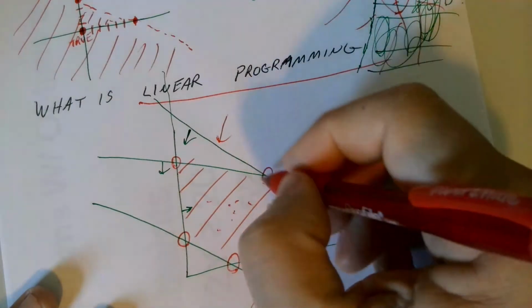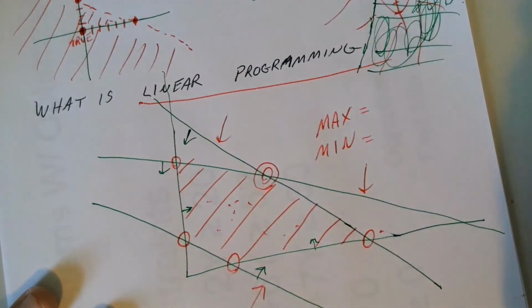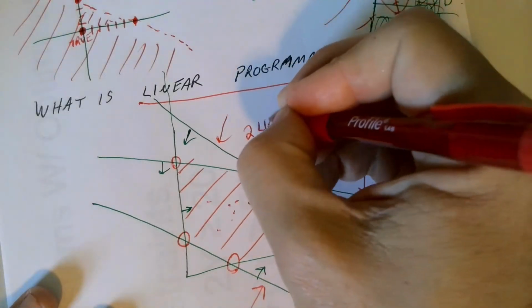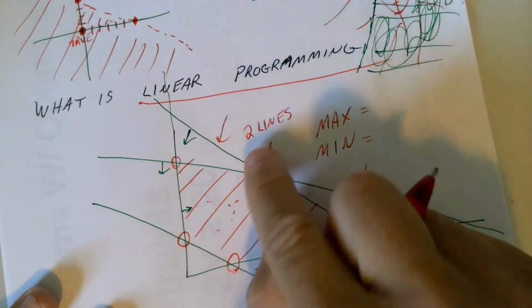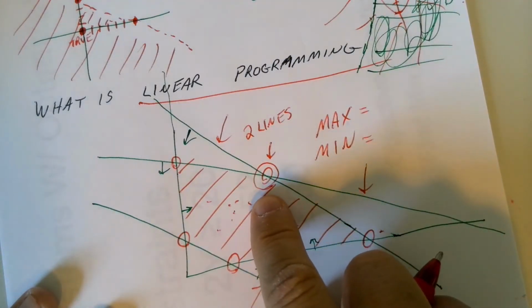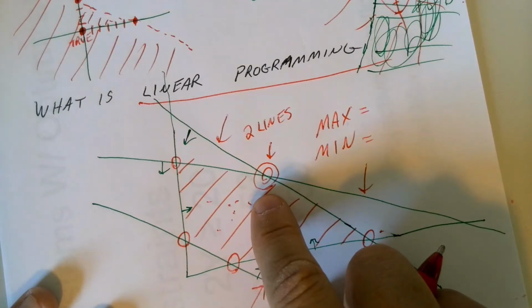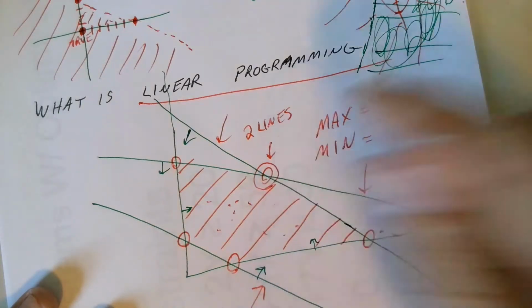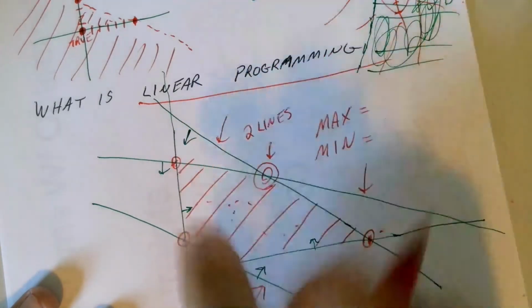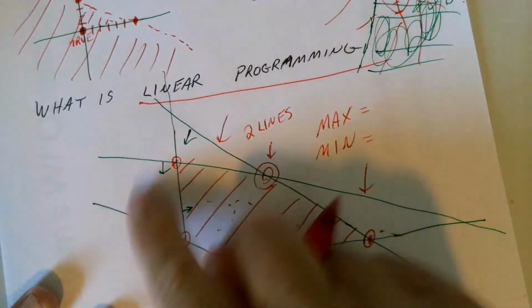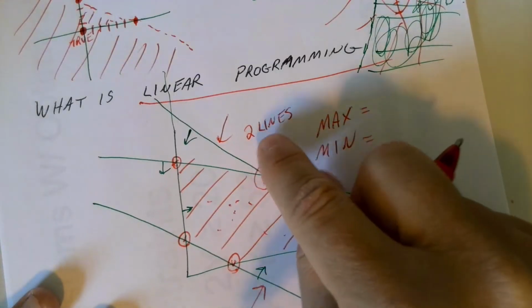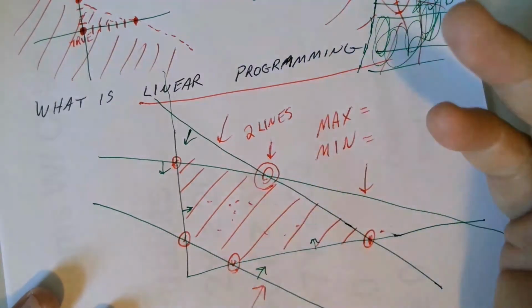And look at that. What is the vertex of that location? Well, the vertex of that location is the intersection of two lines. And how do we find the intersection of two lines? We use systems of equations. Okay? And then I can plug in that point, and this point over here, and this point, and this point, that I get from doing my math, which I could do with systems and RREF or substitution or Cramer's rule or matrices or whatever.